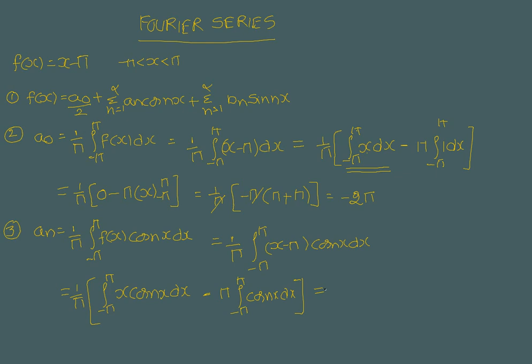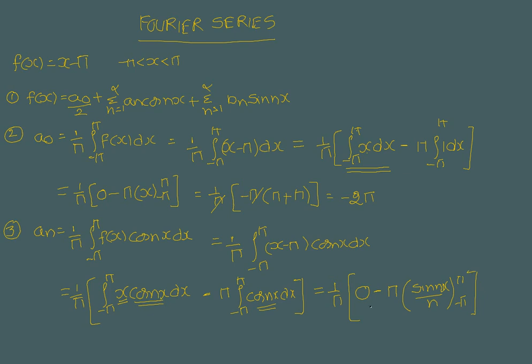This is equal to 1 by pi times: x is which function? An odd function. This is an even function. Odd into even is again an odd function. An odd function between the limits minus pi to pi gives 0. Then minus pi times the integral of cos nx. The integral of cos nx is sin nx by n, between the limits minus pi to pi.